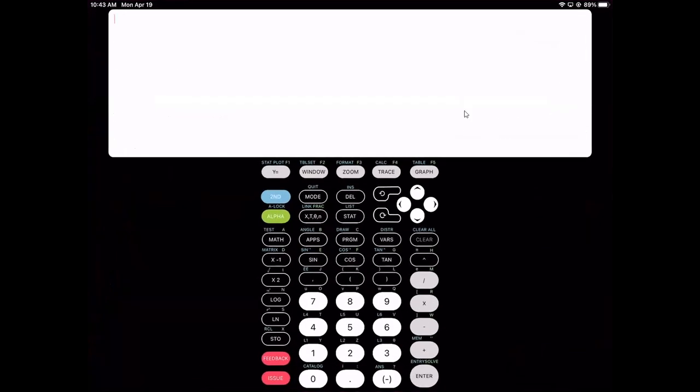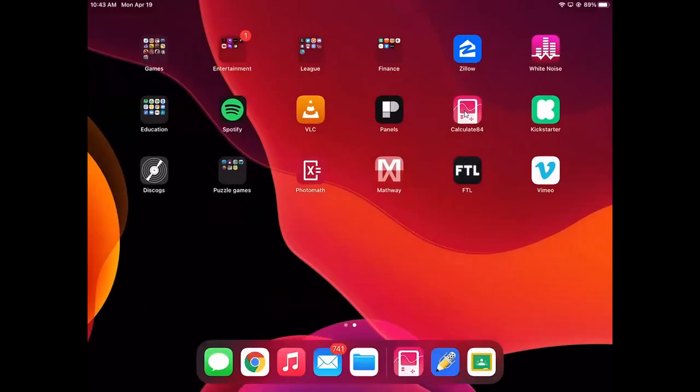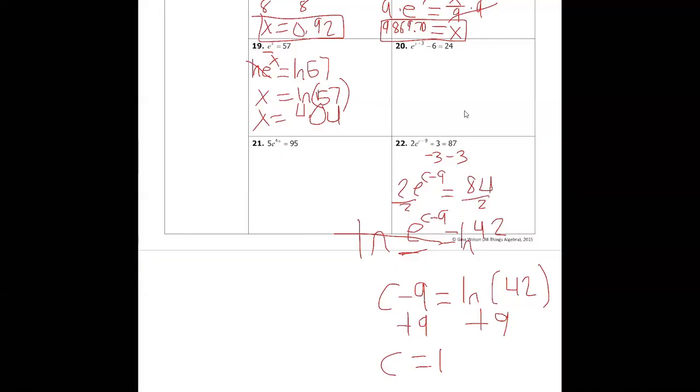Just make sure you close that parentheses. If you don't close the parentheses, it's going to think that the 9 is being added to the 42 on the inside of your log, which is not what you want. But it's approximately 12.74 if you round to 2 places.